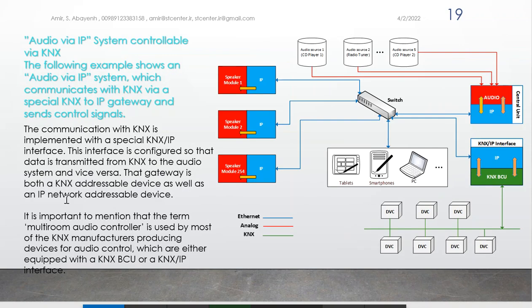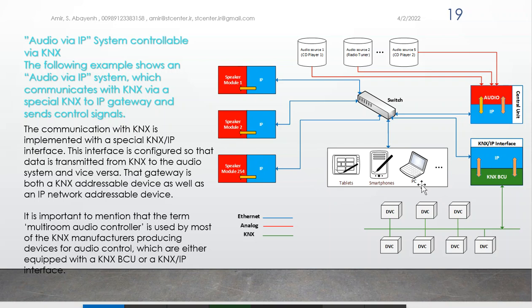Okay, moreover, we can use a speaker with an IP interface. So here is the audio via IP system controllable via the KNX. The following example shows an audio via IP system which communicates with KNX via a special KNX to IP gateway and sends and controls the signals.